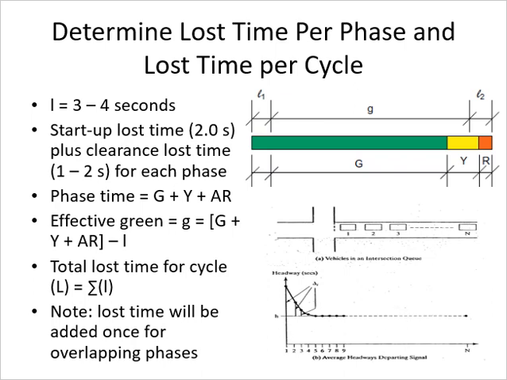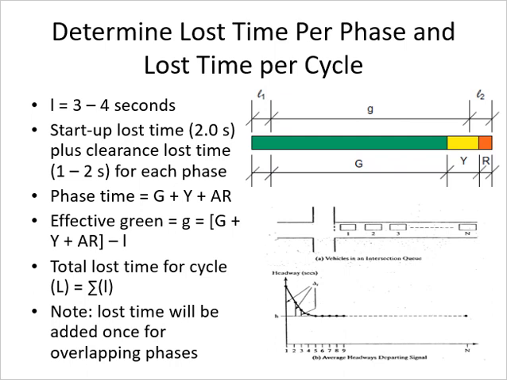Okay, if you have overlapping phases, so there are phases in which the movements continue from one phase to the other, we call them overlapping phases. In case of overlapping phases, you will just use the loss time of one phase for a movement. You will not count it again, because the movement is continuing, it didn't stop. So the loss time for that movement only happened once, when it stops or when it starts again.